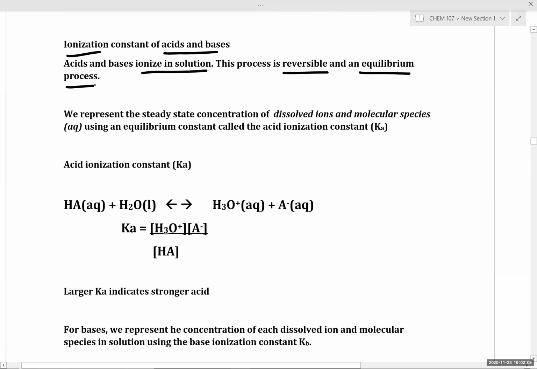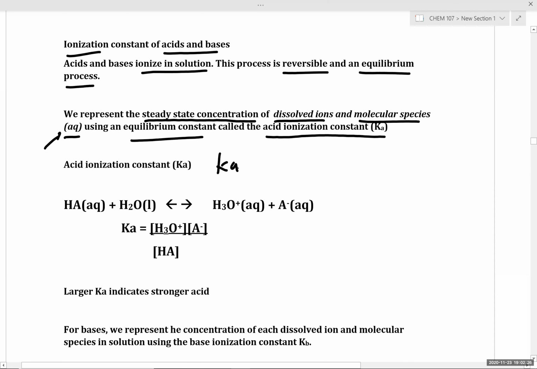We can represent the steady state concentration of dissolved ions and molecular species, anything with an aqueous symbol, using an equilibrium constant called the acid ionization constant, Ka.